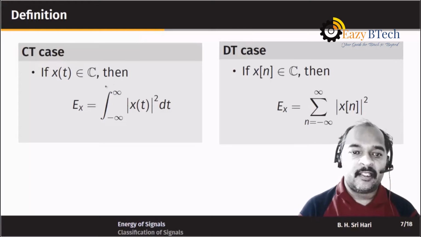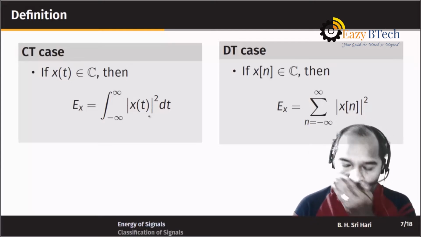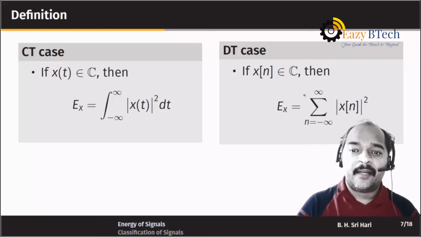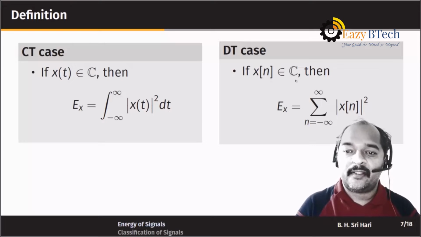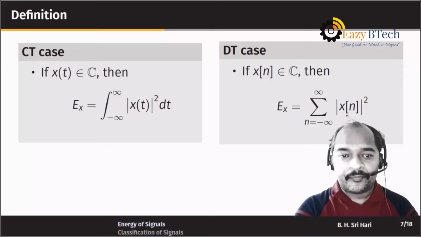So if x of t is complex, Ex turns out to be the integral from minus infinity to infinity of modulus of x of t whole square dt. The same rule applies for the discrete time case. If x of n is complex, then energy would be equal to the summation from n equal to minus infinity to infinity of modulus of x of n whole square.